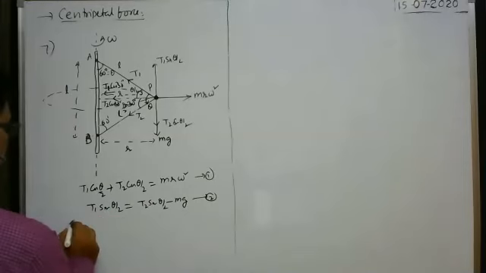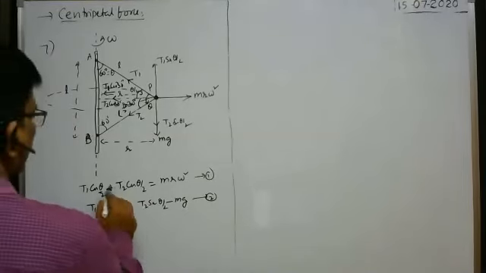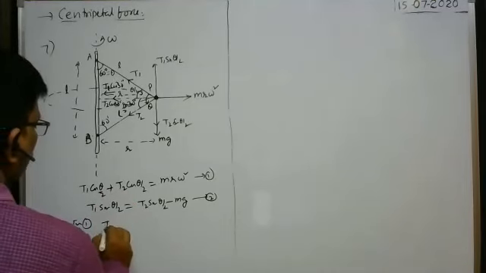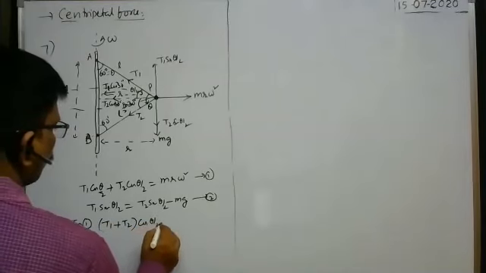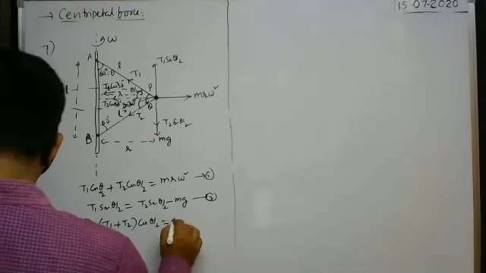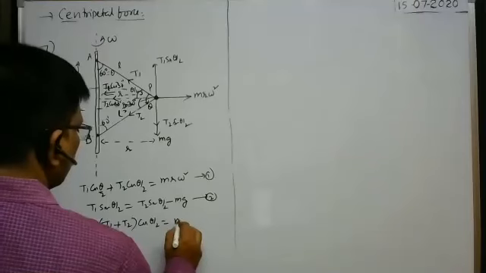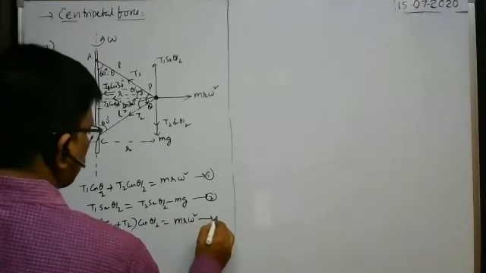From equation 1, cos theta by 2 we can take common: T1 plus T2 into cos theta by 2 is equal to m r omega square. That is equation 3.